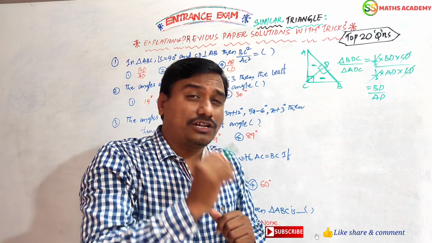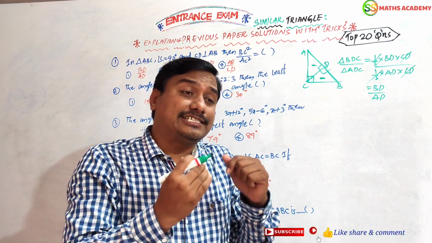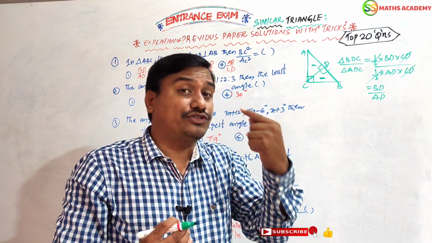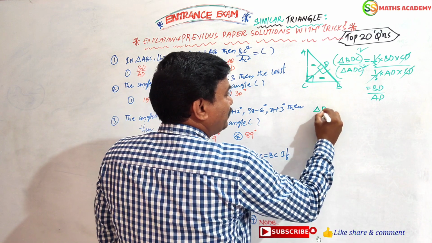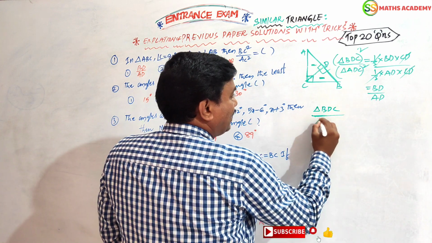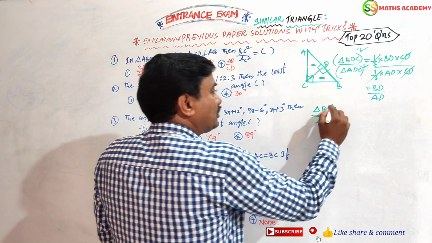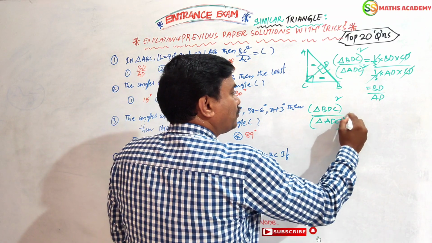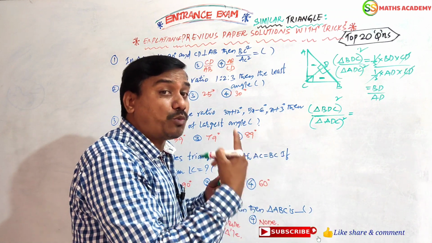Friends, one important theorem is there: the ratio of areas of two similar triangles is equal to the ratio of squares of their corresponding sides. For example, the first triangle is BDC and the second triangle is ABC. Ratio of areas is equal to the ratio of squares of their corresponding sides.